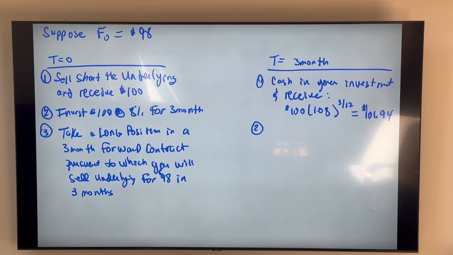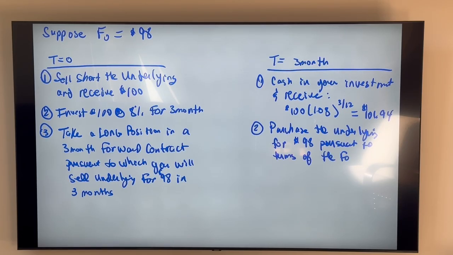The second thing you will do is you will purchase the underlying for $98 pursuant to the terms of the forward contract.